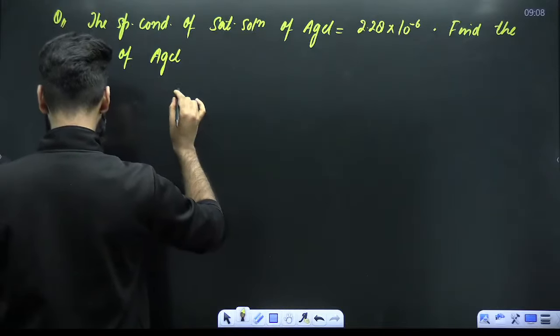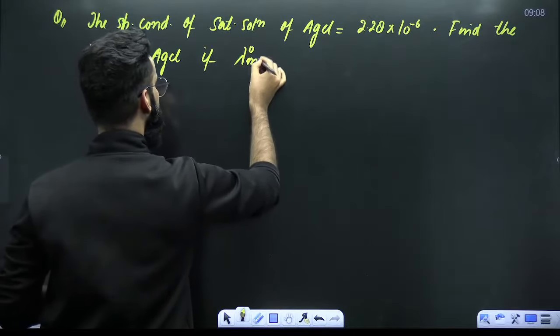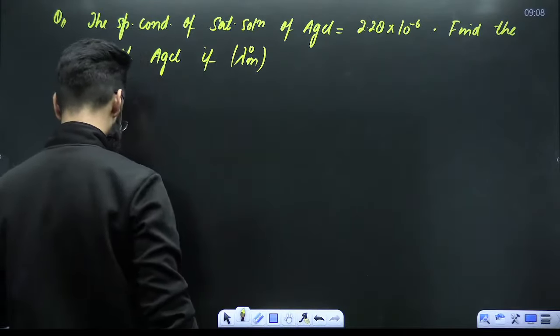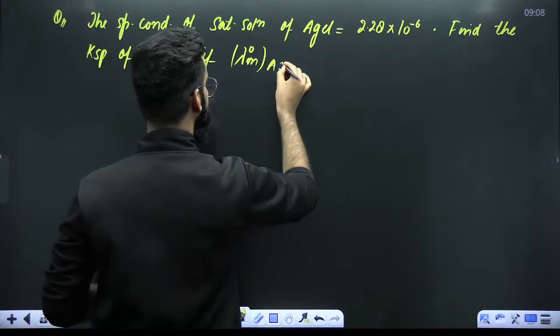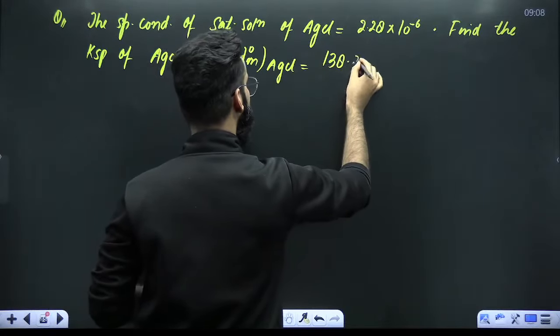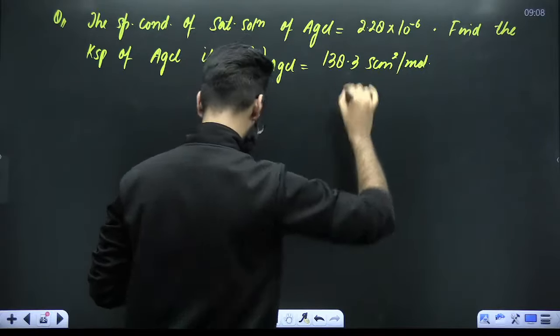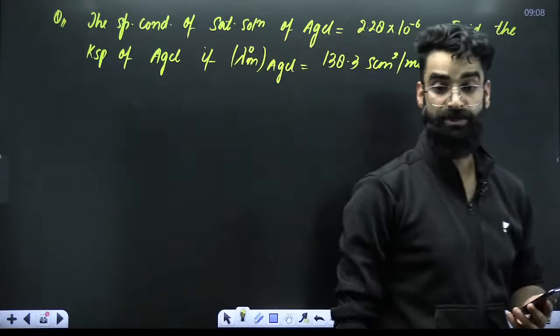Find the KSP of AgCl if lambda naught m of AgCl is equal to 138.3 Siemens centimeter square per mole. Look at the question carefully and let me know if you can solve this question or not.